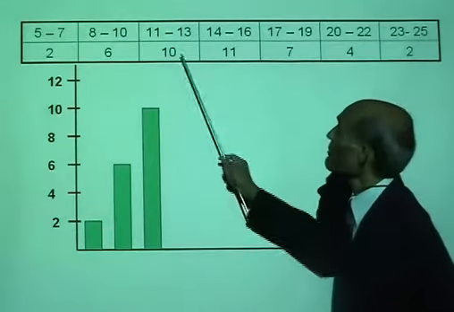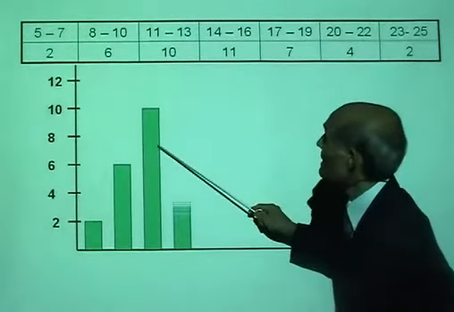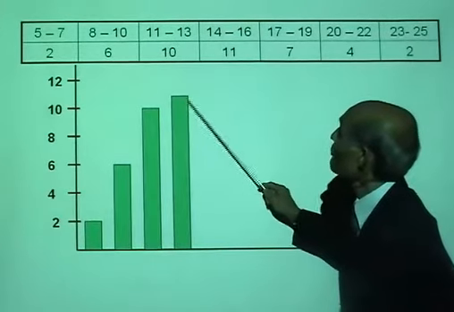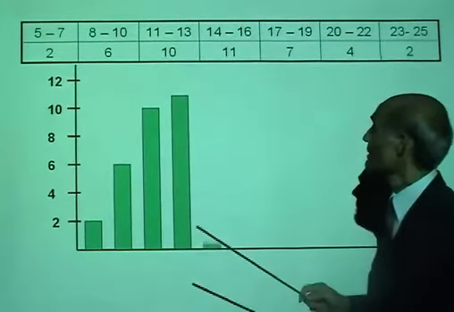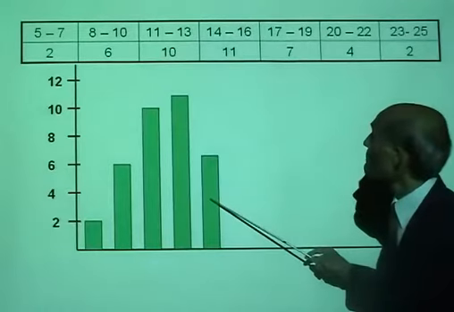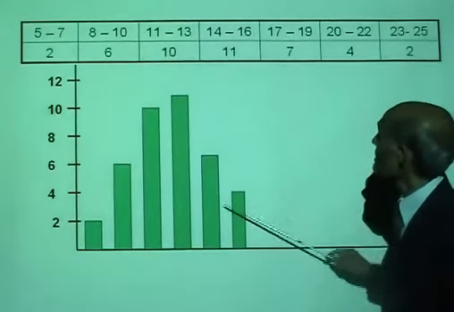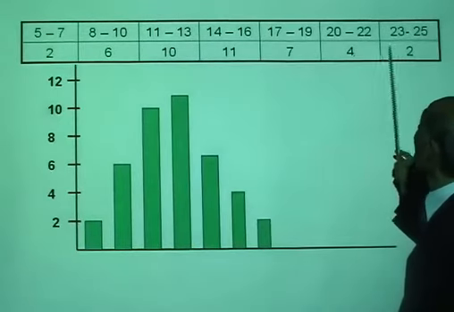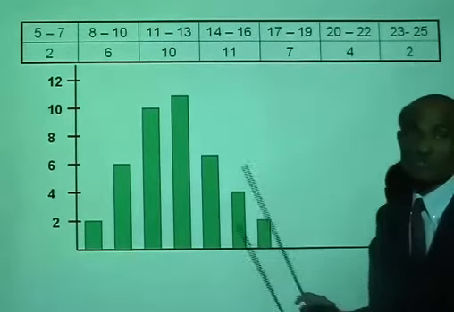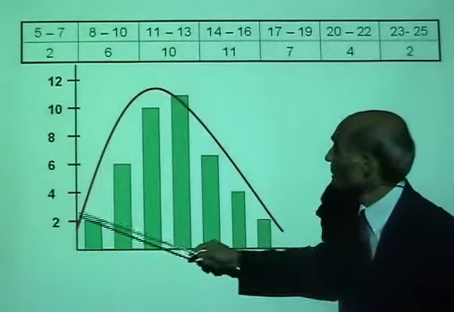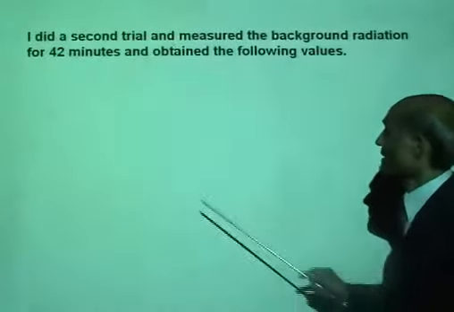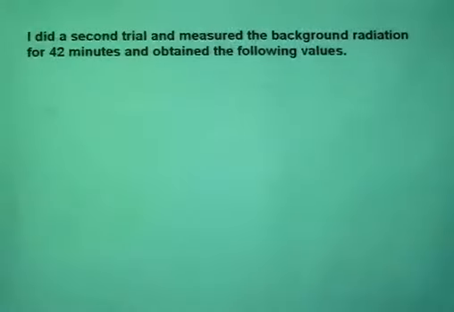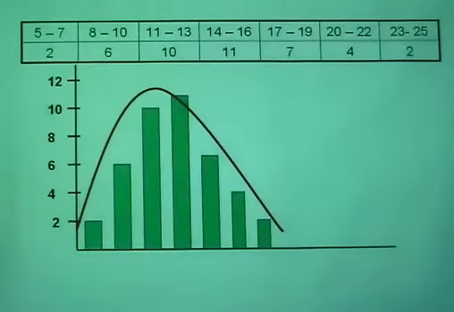The frequency of the third class is 10. The frequency of the fourth class is 11. The frequency of the next class is 7. The frequency of this class is 4. And the last class is 2. So once again, look at the distribution there.